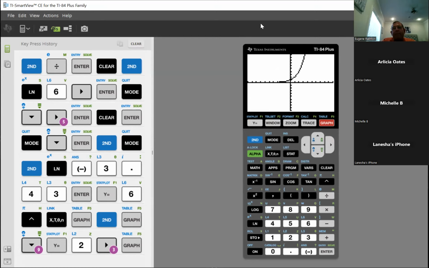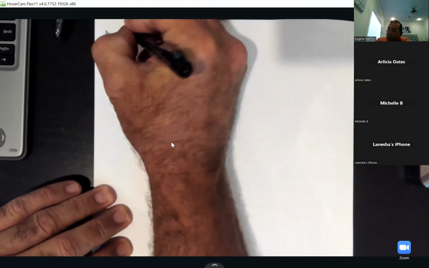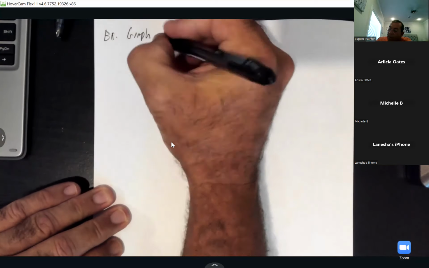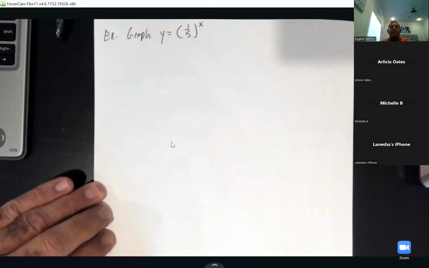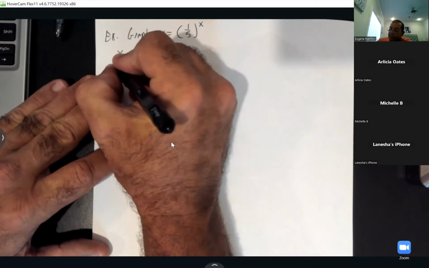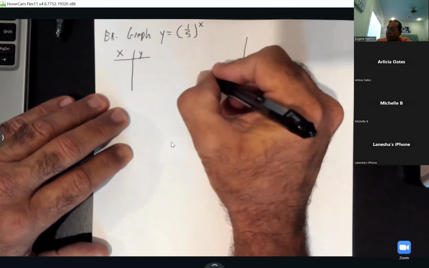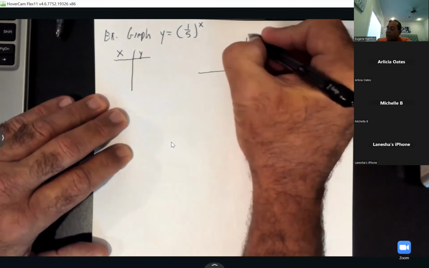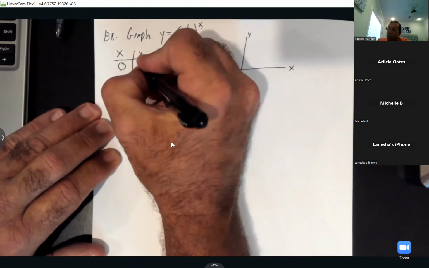Now, if you remember, I said if it was a fraction, if the a was less than 1. So let's try this one. Graph y equals 1/5 to the x. So if x is 0, anything to the 0 is still going to equal 1.